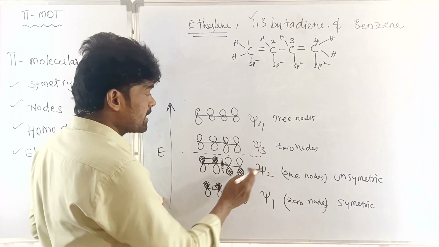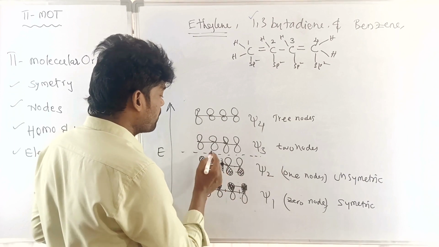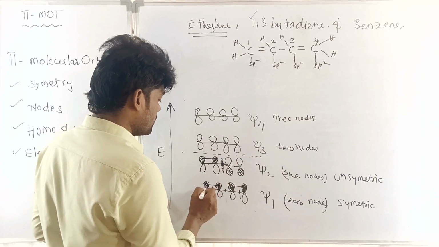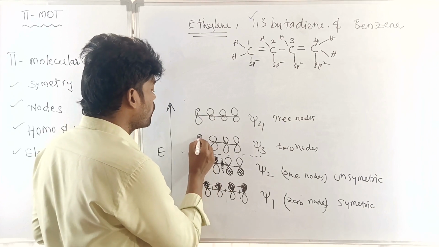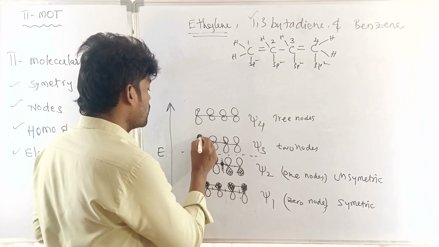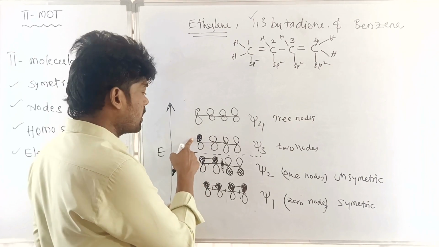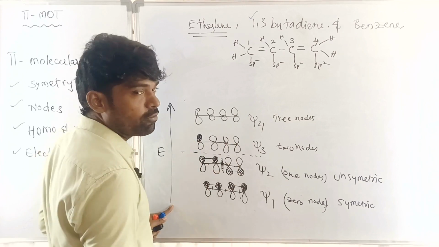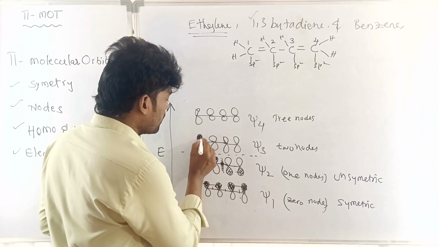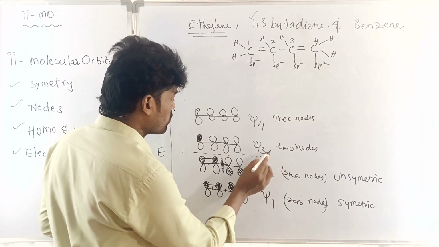And next, psi 3. Psi 3 logic is 2 nodes should be there. Where can I keep 2 nodes? I always try to give shading to the first lobe on the upside. I follow this rule because it gives me a very simple way to solve. So here upside shaded, and I want to make 2 nodes, right?